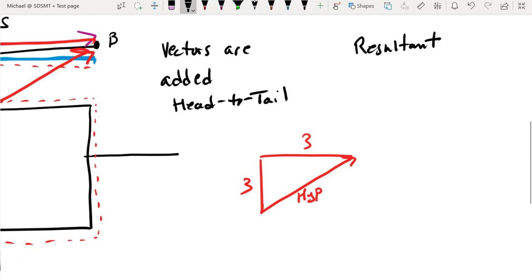So the resultant, this is the vector result of addition.